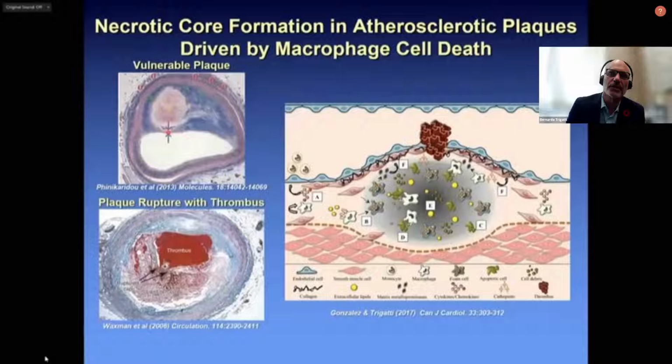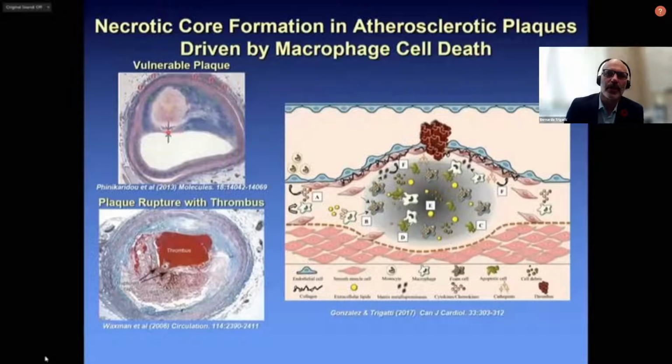These are regions in the atherosclerotic plaque characterized by evidence of abundant cell death. And atherosclerotic plaques with large necrotic cores and thin fibrous caps, such as the one shown on the top left, are prone to rupture. And when a plaque ruptures, the coagulation machinery is activated and a thrombus forms.